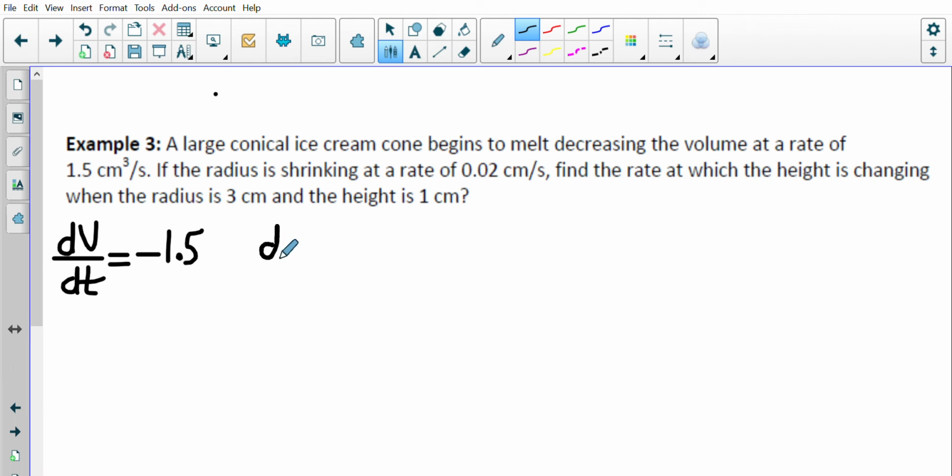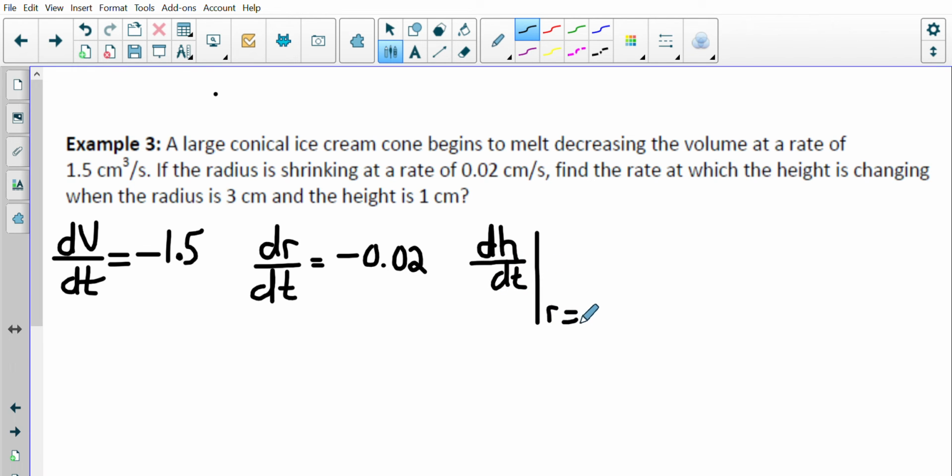Okay, so that's my dr/dt, and it is also negative because, again, it's shrinking. Now it says find the rate at which the height is changing when the radius is 3, height is 1. All right, so we're looking for dh/dt when r is equal to 3, h is equal to 1.